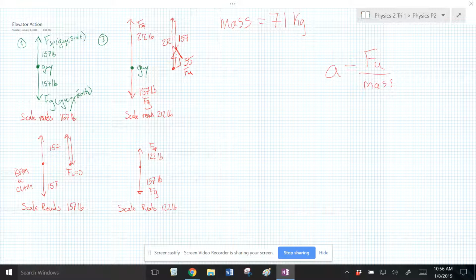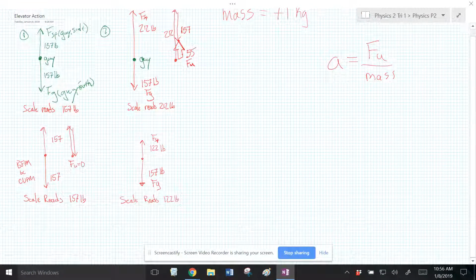Then we need to do some converting. Yesterday we figured out that when the scale read 212, you have a force of 212 pounds up and 157 pounds down, gravitation, because his mass hasn't changed. That gives you an FU of 55 pounds, pointing up.